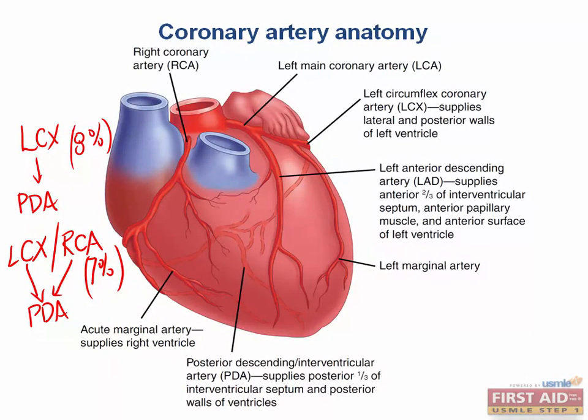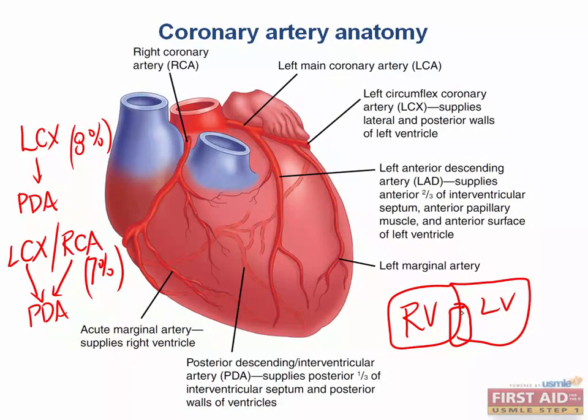So if the left anterior descending artery, which we previously discussed, supplied the anterior 2/3 of the interventricular septum, again, anterior 2/3, which artery do you think supplies the remaining 1/3, or the posterior 1/3 of the interventricular septum? So go ahead and send an email to your cardiology module directors and tell them, hey, it's so simple, why didn't you ever just tell me that the posterior descending artery is also called the posterior interventricular artery, because it supplies the posterior 1/3 of the interventricular septum and posterior walls of both ventricles.